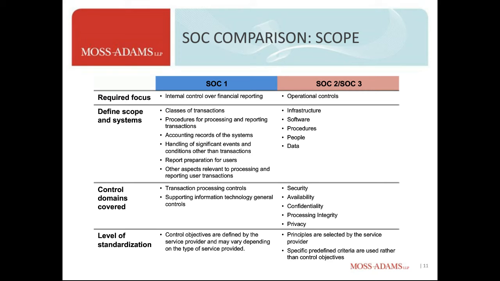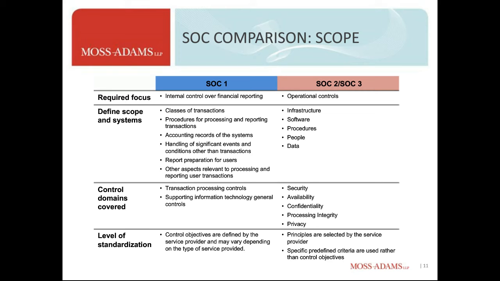The definition of the scope and systems: the SOC 1 is going to be largely focused on accounting records of the system, the business process, transactional type controls that you would expect to see if you had this particular service in-house.